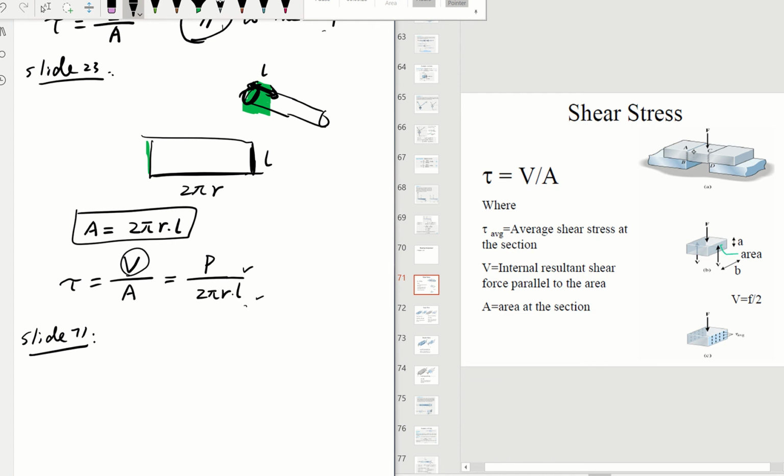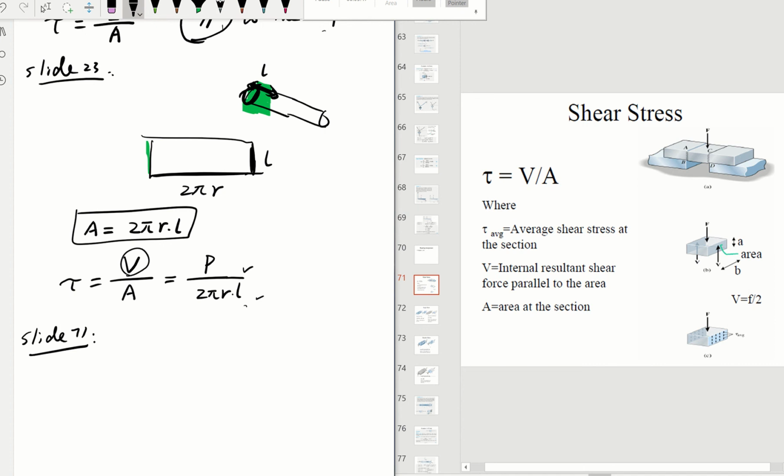Imagine you cut two parts, one along AB and one along CD. Then this force is supported by those two shears. Why is it shear? Because those forces are parallel to this surface right here.